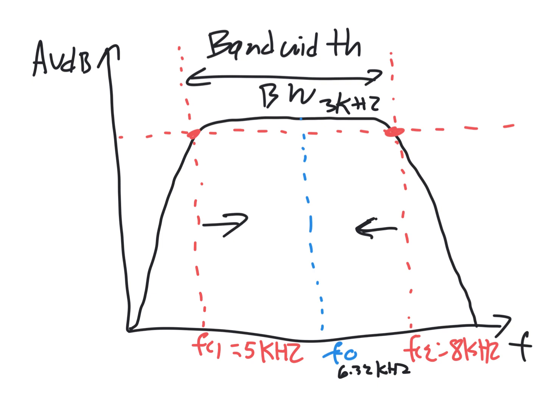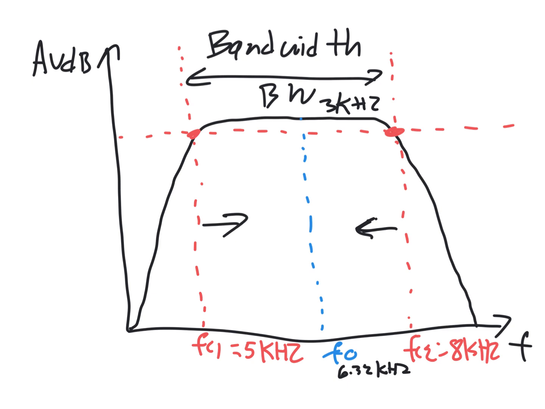You want to pass just a small range, maybe one frequency, or a very wide range. So the ones that pass a very wide range of frequencies are less selective than the ones that are just targeting one or more frequencies. Okay, so that's really all that is.